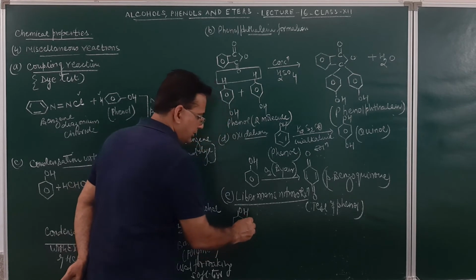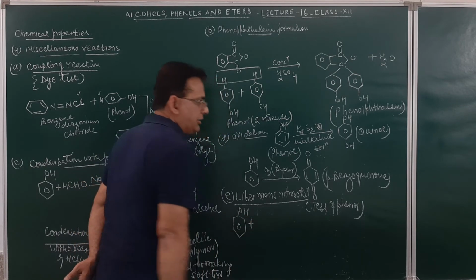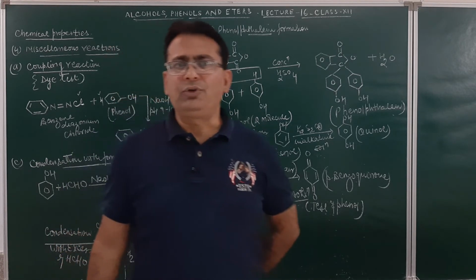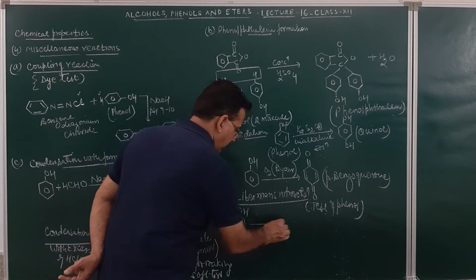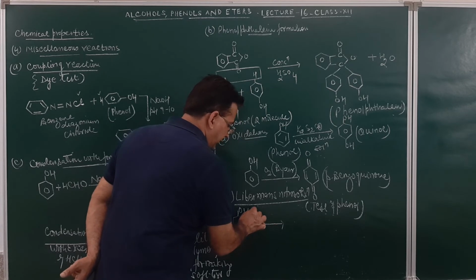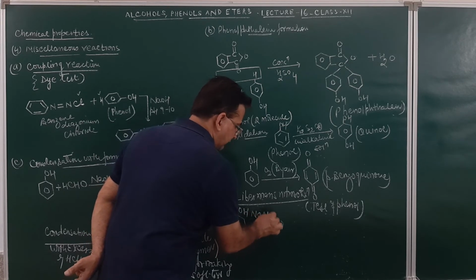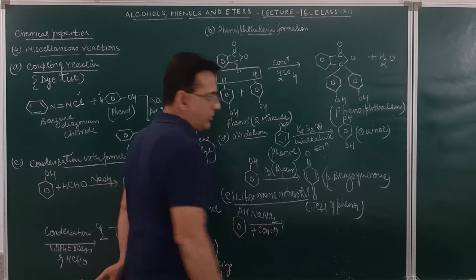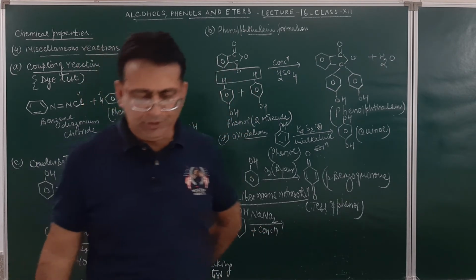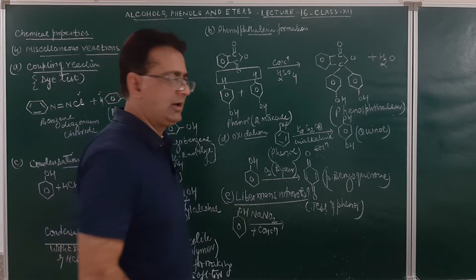So, phenol molecule when reacted with sodium nitrite, this again will be the practical which you will be doing in the lab, and concentrated HCl, will give deep green to blue which finally changes to red on dilution.